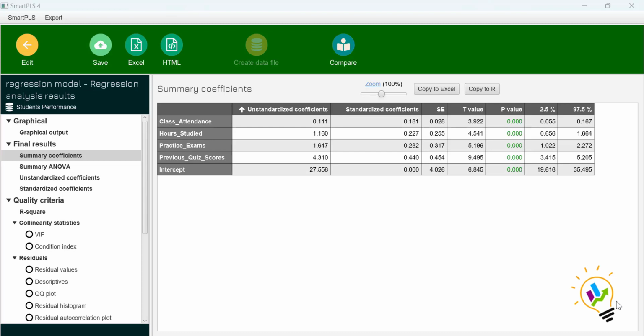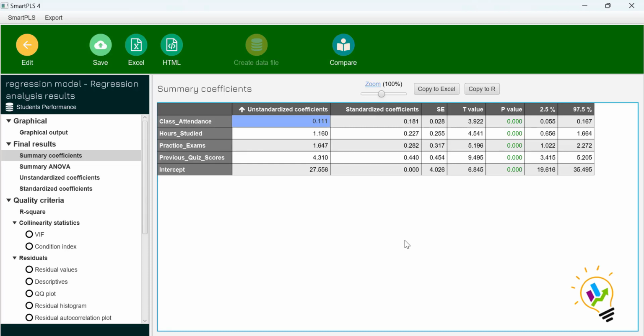The unstandardized coefficient for class attendance is 0.111, this one, which means that a 1 unit increase in class attendance is associated with a 0.111 increase in final exam score.